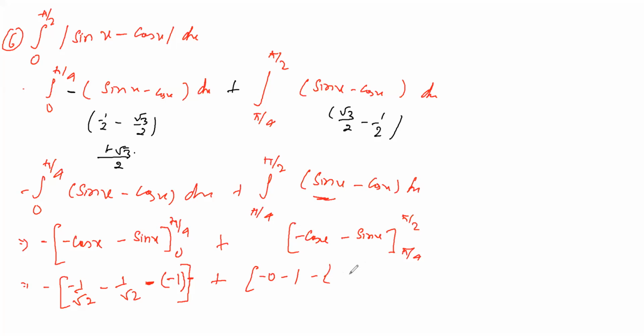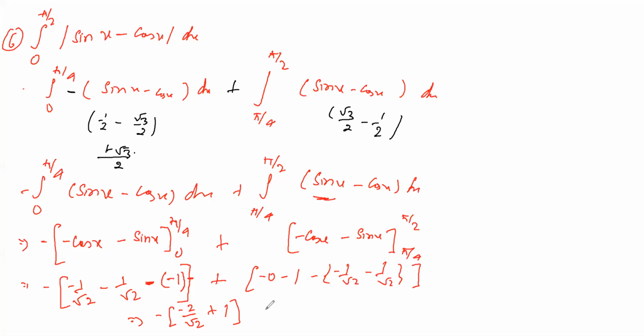Now putting the limit pi by 4, again here you will get minus 1 by root 2, and here again minus 1 by root 2. Okay. Now simplify here. Minus 1 by root 2 minus 1 by root 2 will become minus 2 by root 2, minus 2 by root 2. And here minus minus is plus 1. Okay.